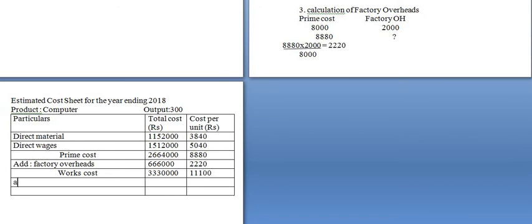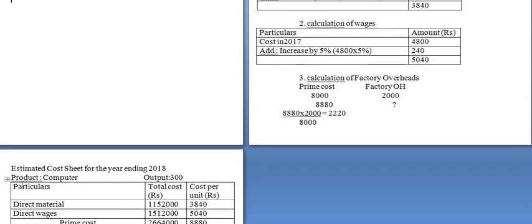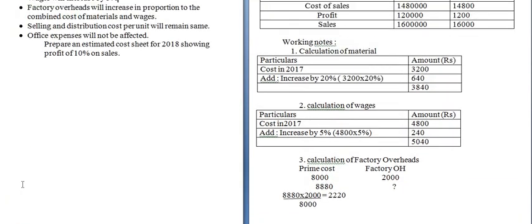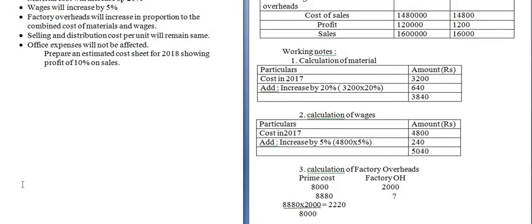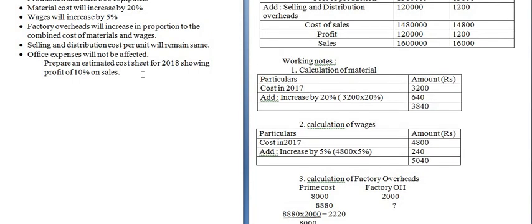Next is add administrative overheads. Okay. Now read out the problem related to administrative overheads. What they have given, see the last point. Office expenses will not be affected. Now office expenses will not be affected, they have told.